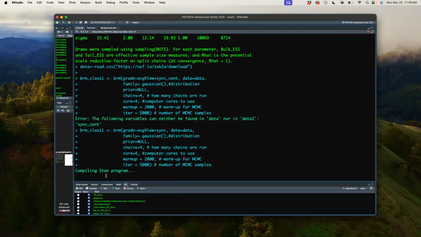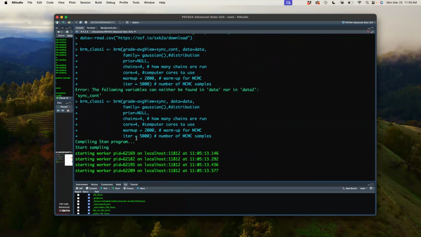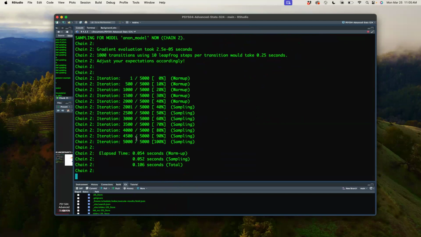So as we can see, it's not very fast. So BRM is a wrapper to the STAN language, or the STAN coding language. And using the BRMS package makes using the STAN language very simple and very easy. You could write your own STAN programs if you'd like, if you are computer savvy, but we don't need to do that because of the BRMS package.